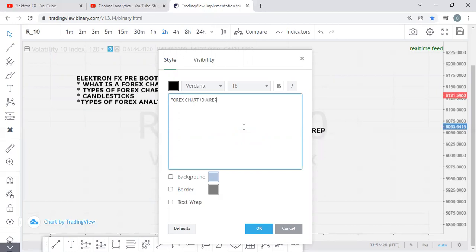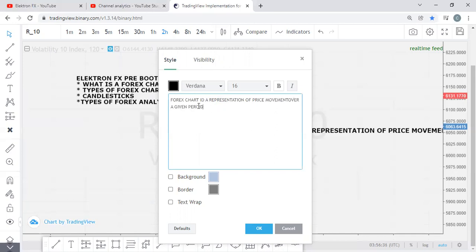A representation of price movements over a given period. So that is it.